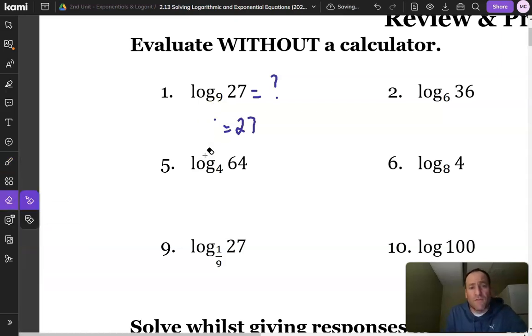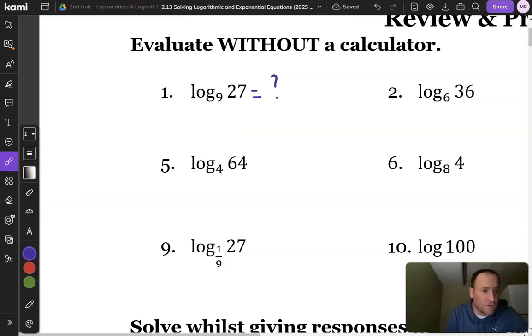Okay, but what we found out is how to write legibly, and I'll try and do that. So 9 to the something power, I'm just going to call that x for now. Now what we found out is we can turn the 9 and the 27 into common bases.